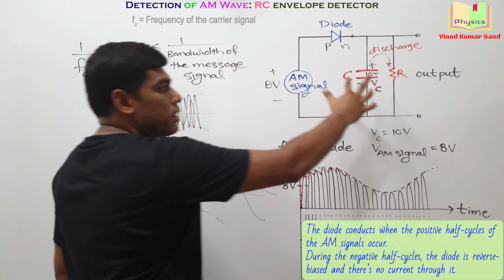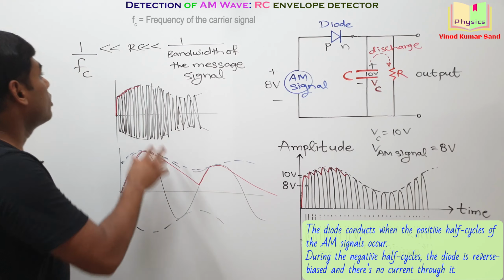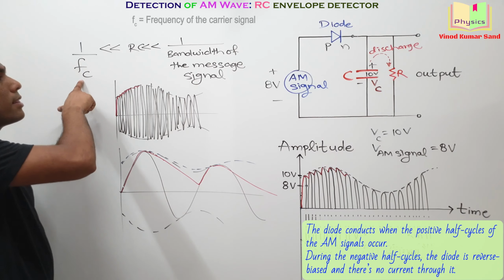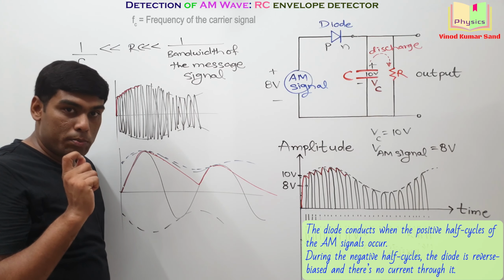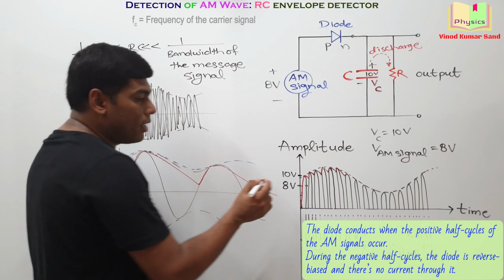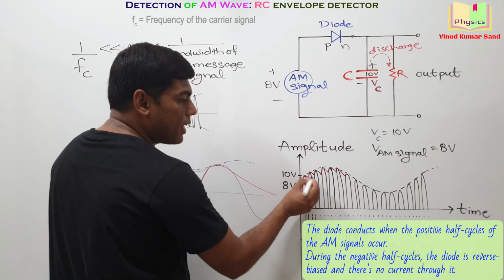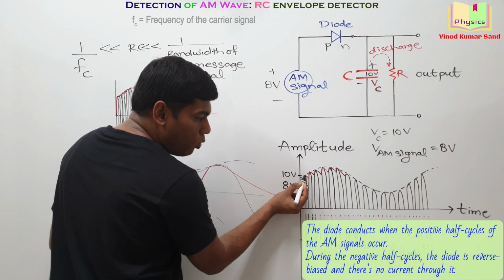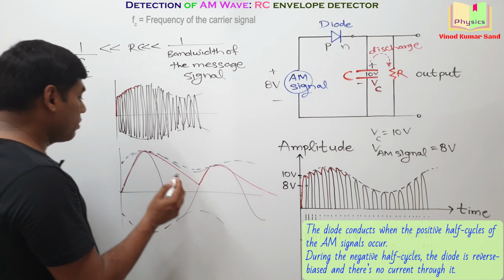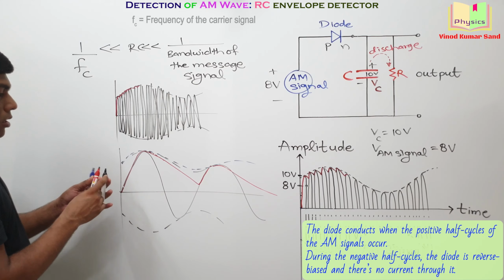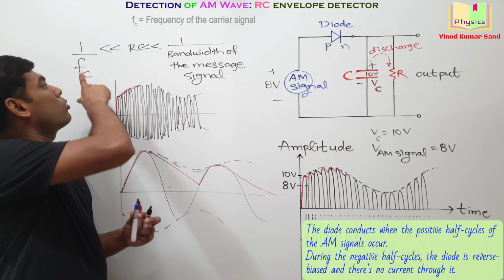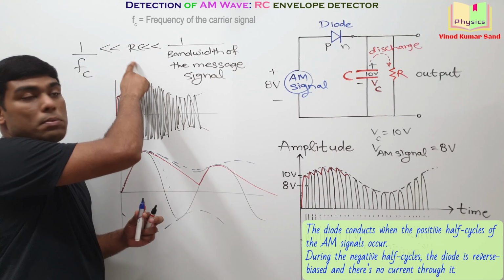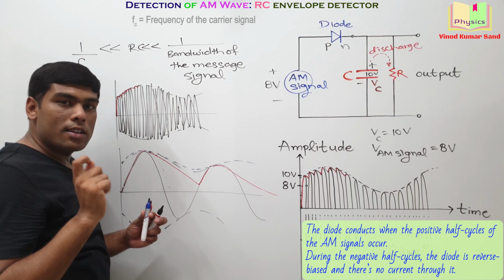The time constant of this RC circuit should be greater than the time period of the carrier wave, because while the capacitor is getting discharged, the voltage level across the capacitor should not fall too much. If the voltage level across the capacitor falls too much, then there will be a great ripple. So the 1 by fc must be much less than RC.